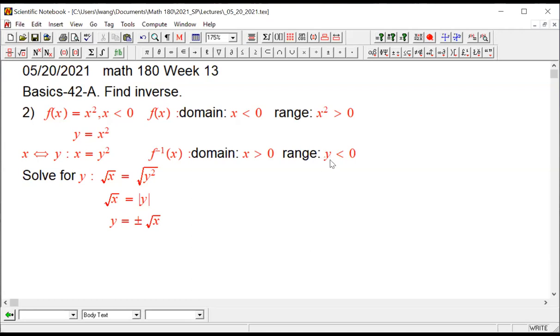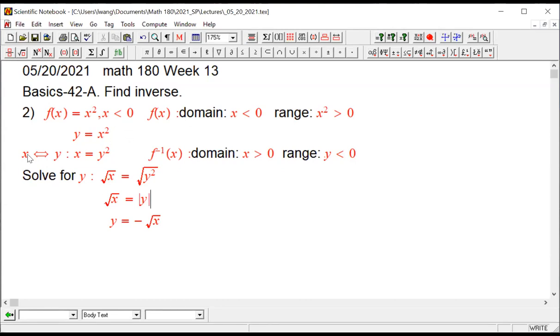So this y has to be negative, and therefore the answer here should be a negative. You get it?